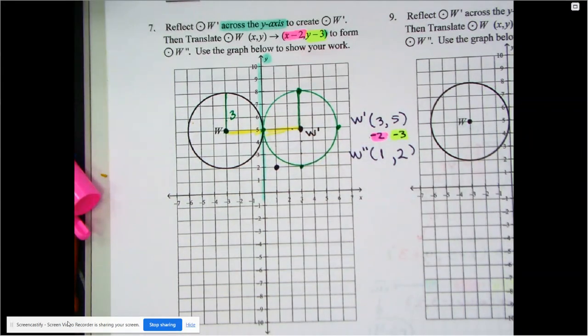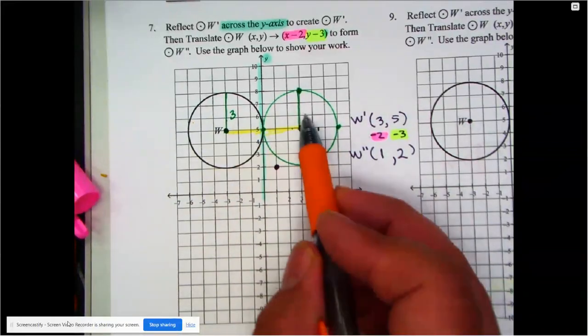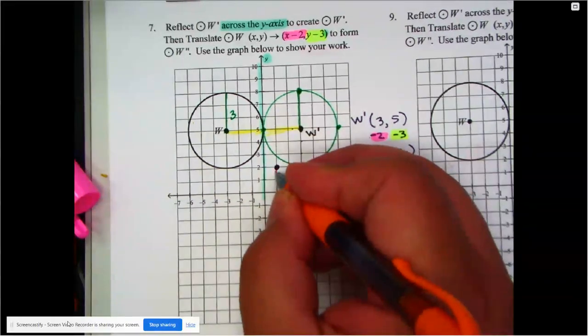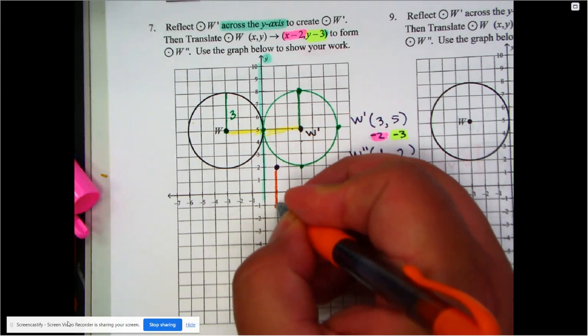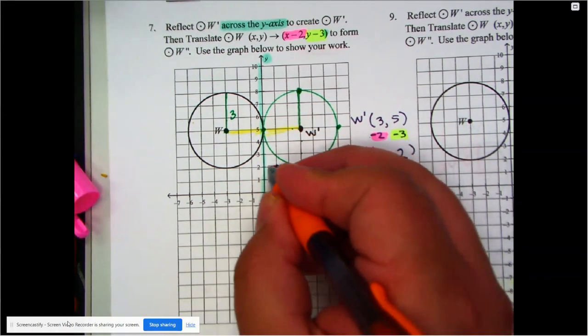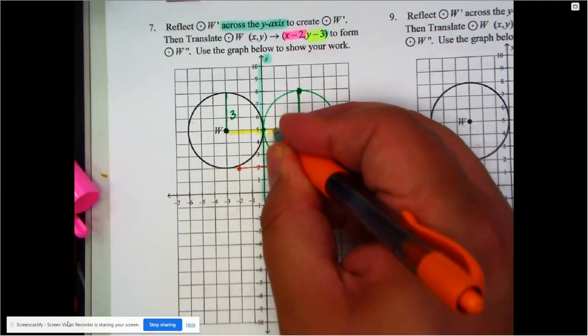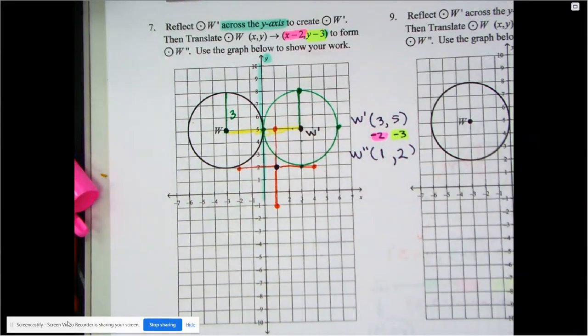And once we do that, we're going to do this again. So it's going to get very messy here a little bit. We now need to count 3 spaces. Remember, that's our radius. I got to go 3 spaces. 1, 2, 3 down. 1, 2, 3 this way. 1, 2, 3 this way. And 1, 2, 3 this way. Remember, that's after the move that we had to make for this problem.